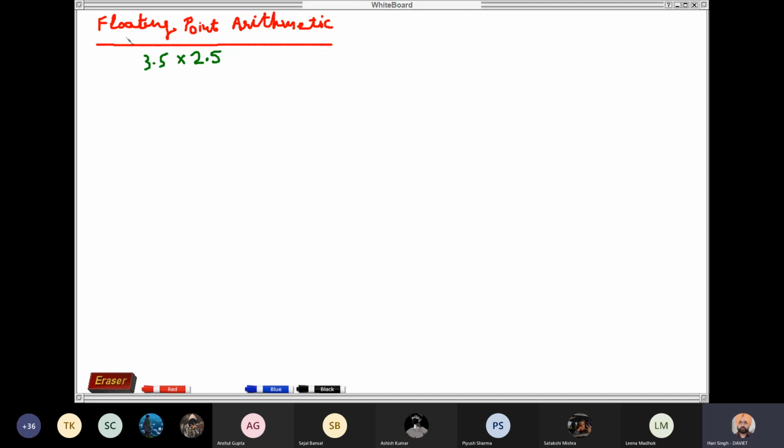How can we write 3 in binary? It will be 11. Then 0.5 is written as 0.5 into 2, it will be 1.0.